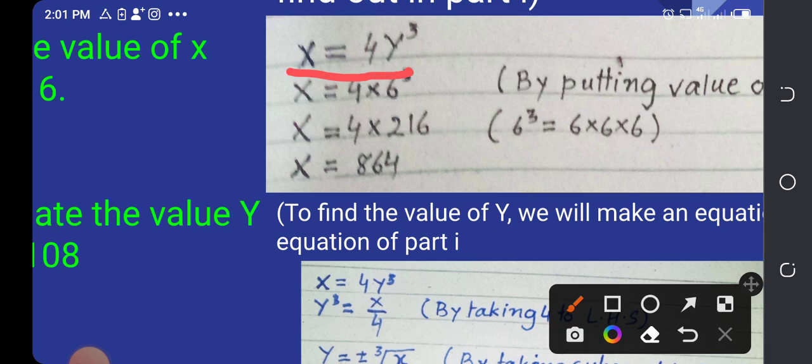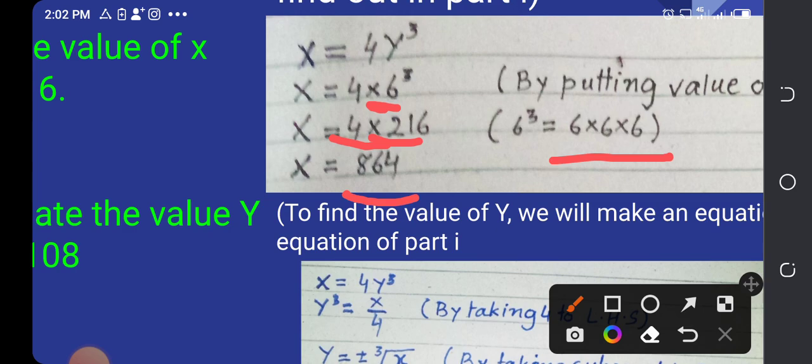So 6 cubed is 6 times 6 times 6. 6 times 6 is 36, and 36 times 6 is 216. Multiplying 216 with 4, we get the value of x, which is 864. So this is the answer of the first part.